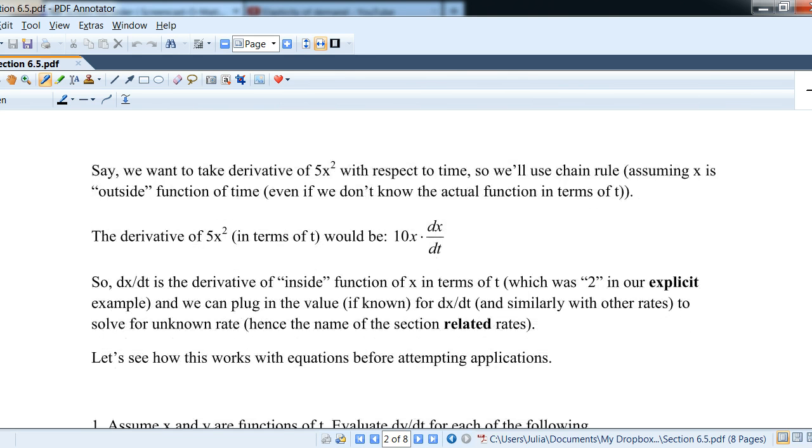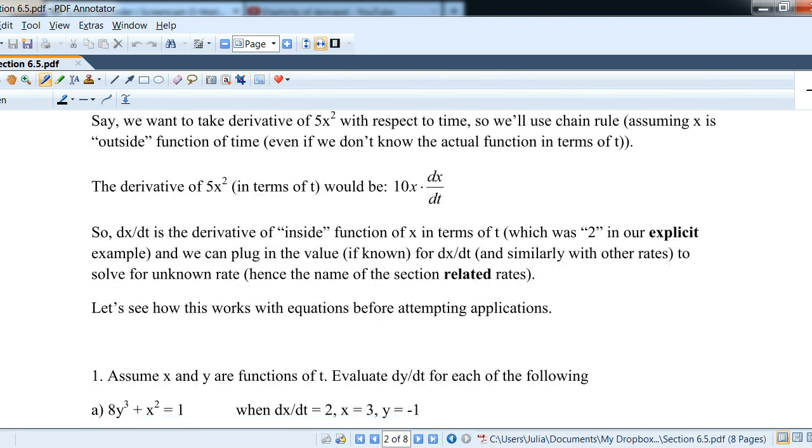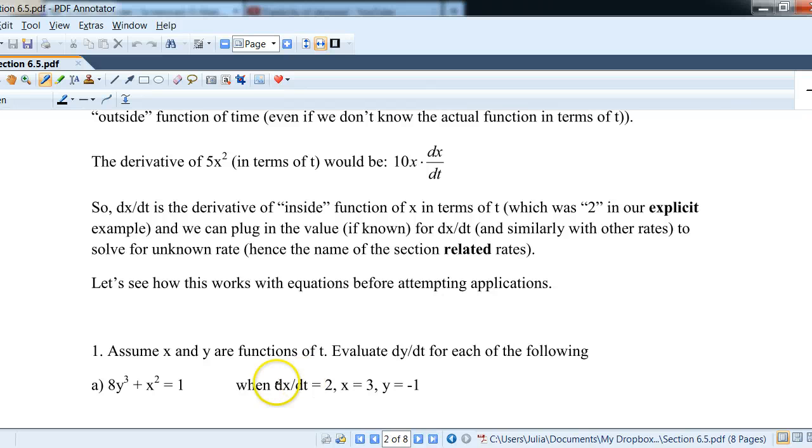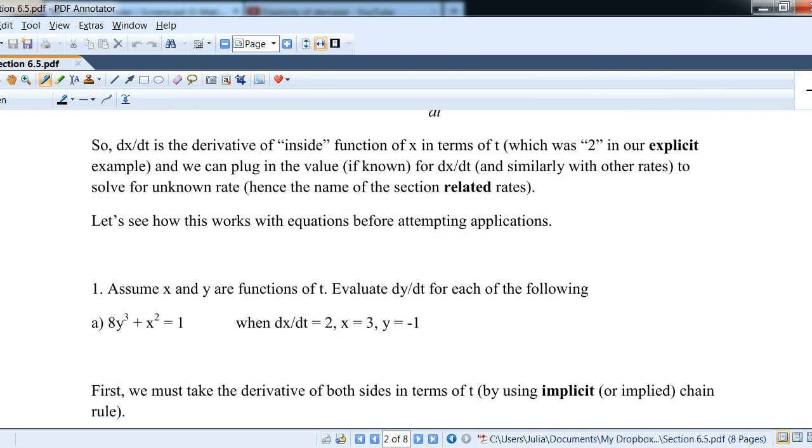Let's see how this works with an equation before we attempt an application. Let's say both x and y are functions of t, and we want to find dy/dt, and we're given dx/dt, x, and y. So we have 8y cubed plus x squared equals 1.